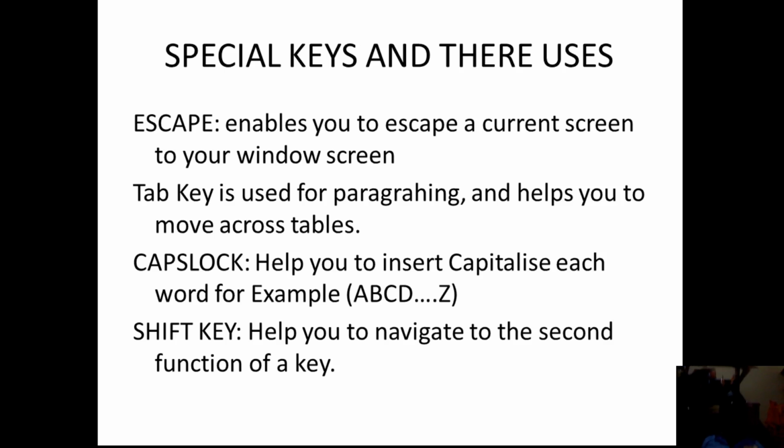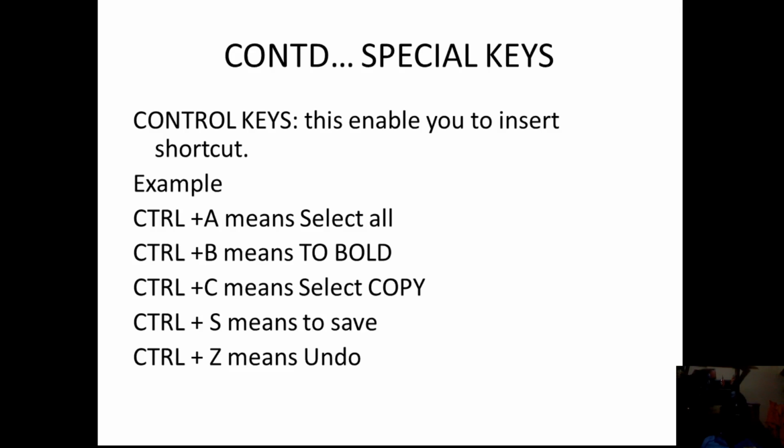The shift key helps you to navigate to the second function of a key. When you look at a basic standard keyboard, for instance, where number 1 is, you discover that number 1 has 2 basic functions there. The first function, which is always below, is the first function, and whatever is above is known as the second function of that particular key.